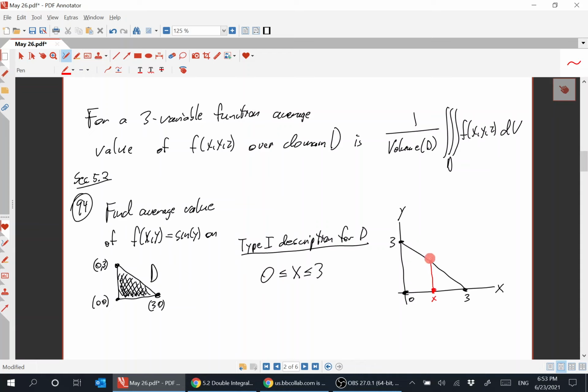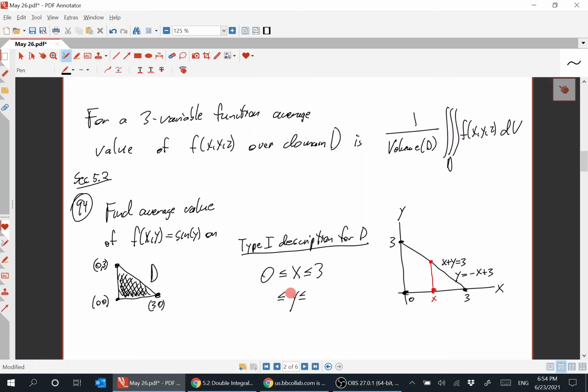So y is from the x-axis to this line. What is the equation of this line here? Well, it's x plus y equals 3. If you want to write that differently, y is equal to minus x plus 3. So slope -1, y-intercept 3.